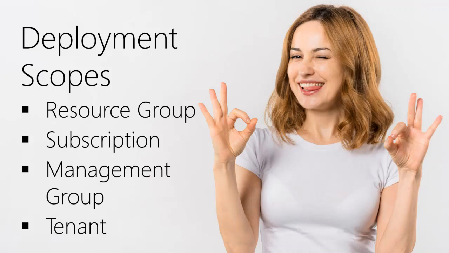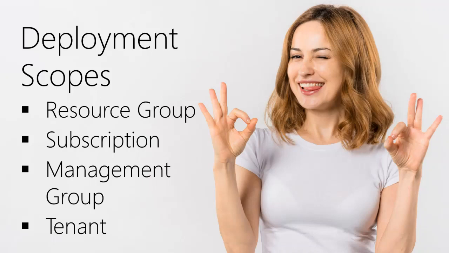In that case, you could create a subscription level deployment that creates a resource group or multiple resource groups for you first. And then after those have been created, you could deploy at the resource group level and then deploy your actual resources inside your newly created resource group. So today we'll focus on resource group level deployments, but just keep in mind that there's other levels you can deploy your ARM templates to as well.